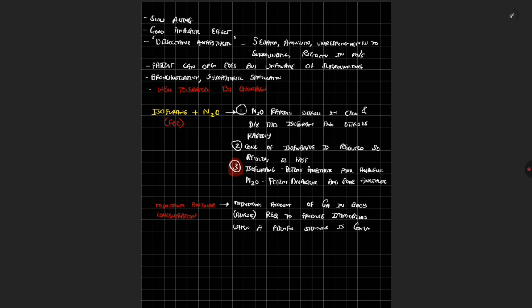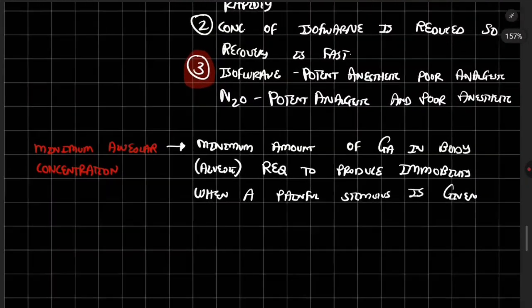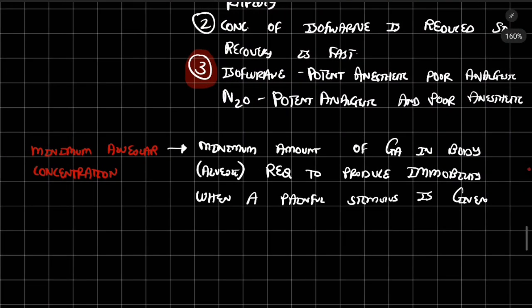Then isoflurane is a poor analgesic and a potent anesthetic, and N2O is a poor anesthetic and a potent analgesic. So if we combine the 2 drugs, a synergistic effect is observed. Then we saw the term minimum alveolar concentration, the minimum concentration in the alveoli which is required for immobilization when a painful stimulus is given. So this was all about general anesthesia. Thank you.